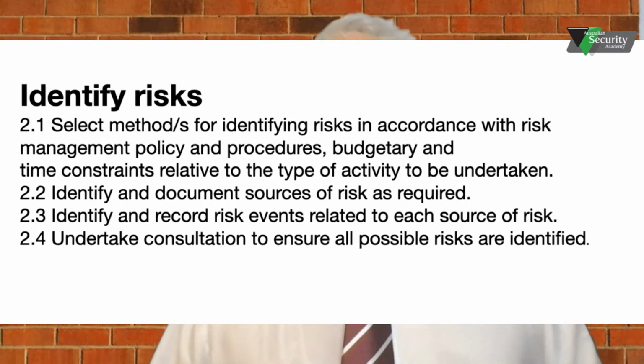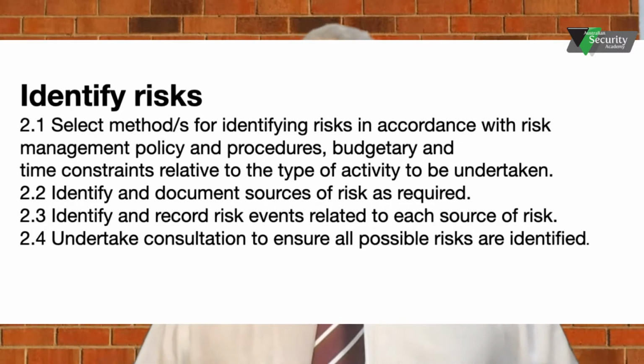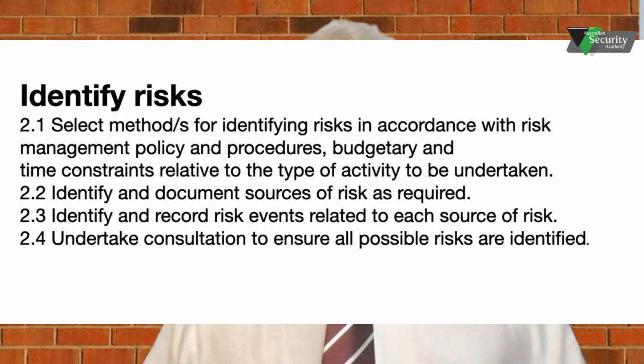Now, the context could have been for a small business, an investigation agency, a security firm, Centrelink, a nuclear power plant, or the NRL Grand Final. It doesn't matter. The application of the security risk management process is the same regardless of the size. It might even be for the Olympic Games. So today we're looking at the process of identifying risks.